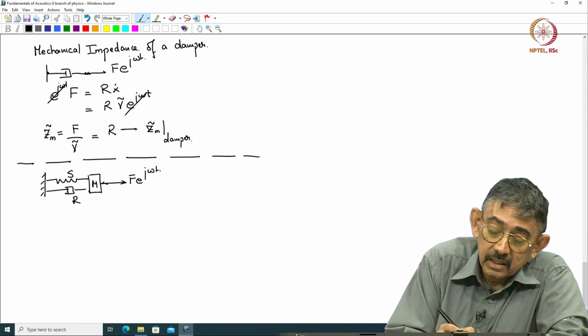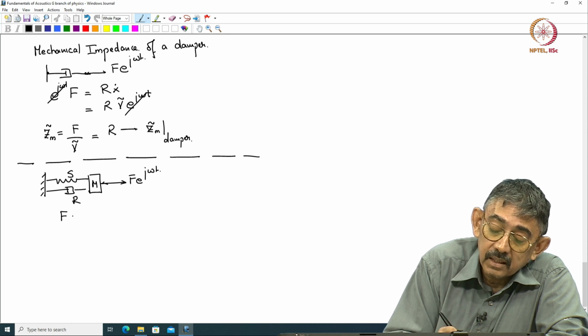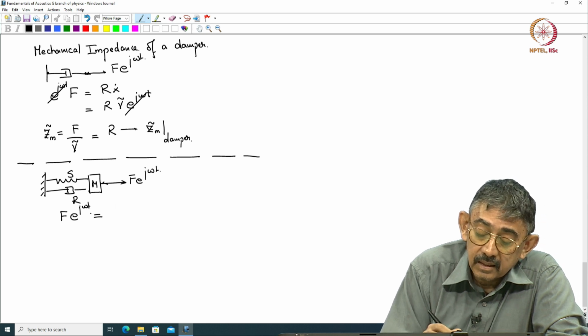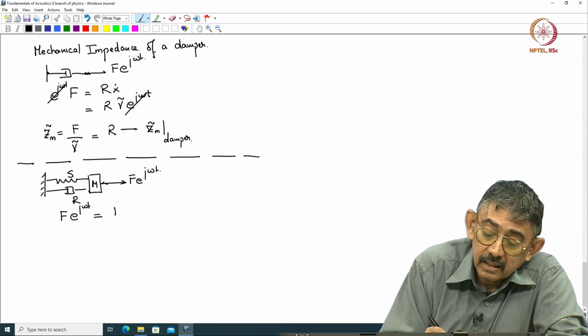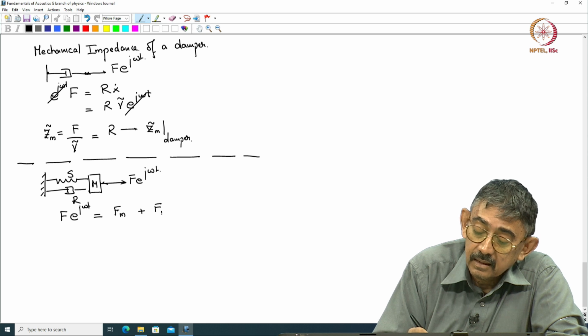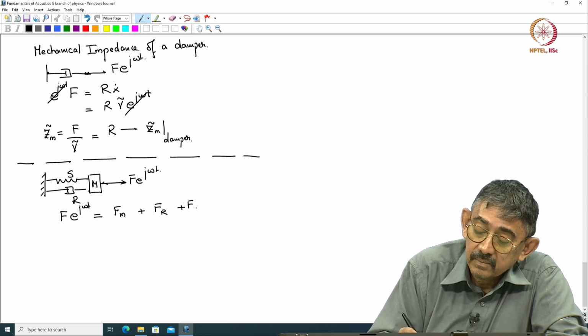So this harmonic force gets divided, or distributed, taken up partly by the mass, taken up partly by the damper, and taken up partly by the spring.